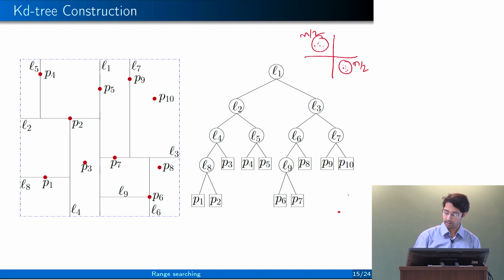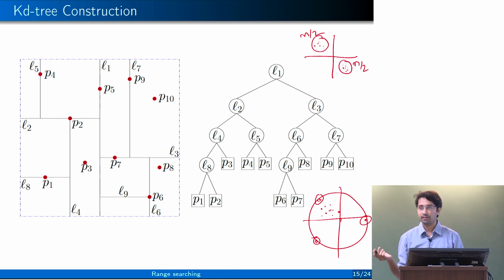Suppose this is the minimum enclosing circle. Suppose all the points are here. That will defeat the purpose. It's unbalanced, right?